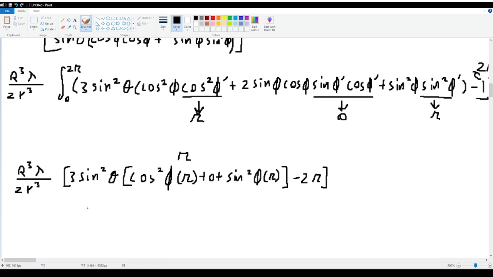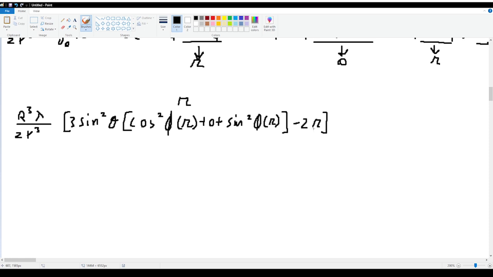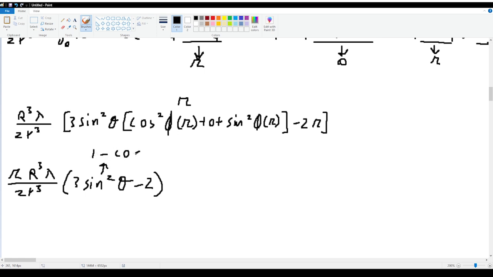And we can pull out a pi because it's 1 here, and now what we're left with is 3 sine squared theta minus 2. Now, if we want to simplify this further, this is just 1 minus cosine squared theta.